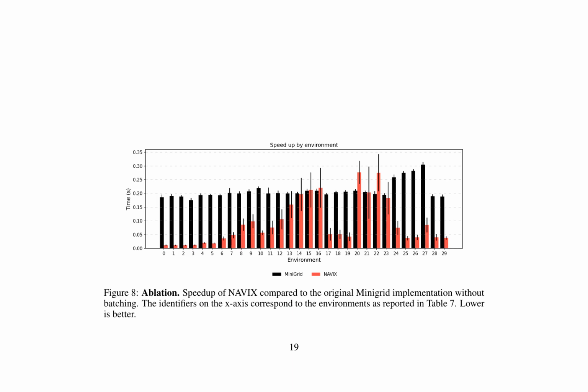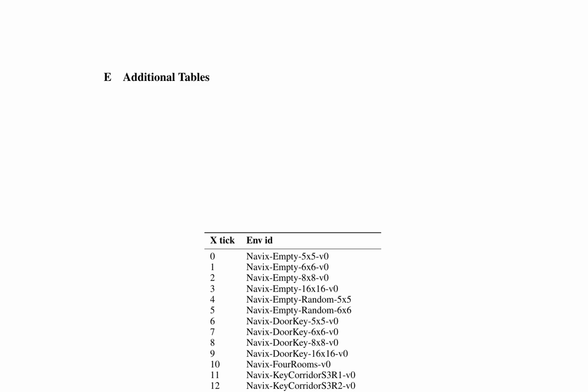Figure 8 presents an ablation study, comparing the speedup of NAVIX to the original MiniGrid implementation without batching. The results show that NAVIX achieves significant speedup across various environments, as indicated by the lower values on the y-axis. The z-axis corresponds to the environment IDs, which are listed in Table 7.